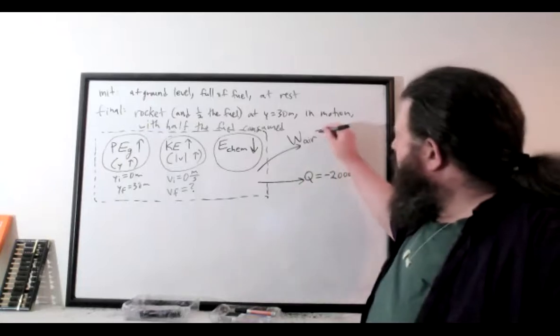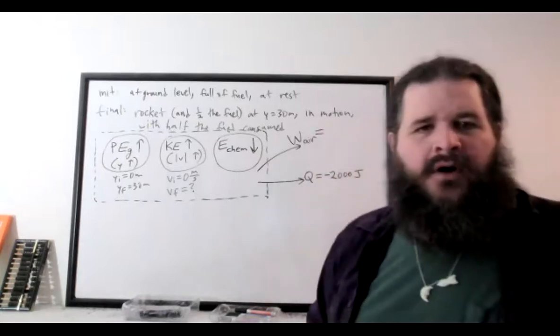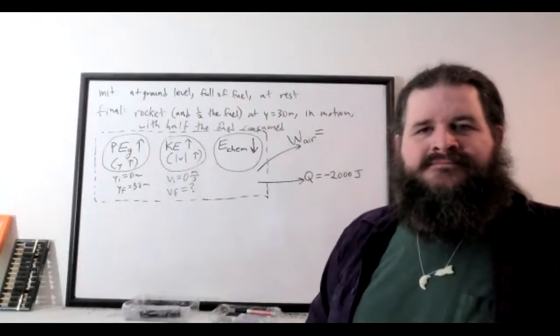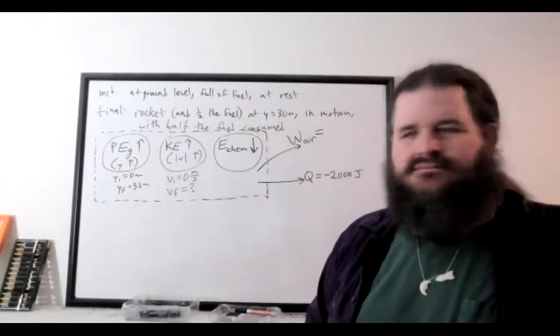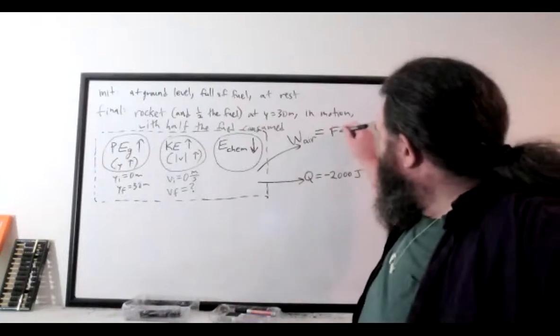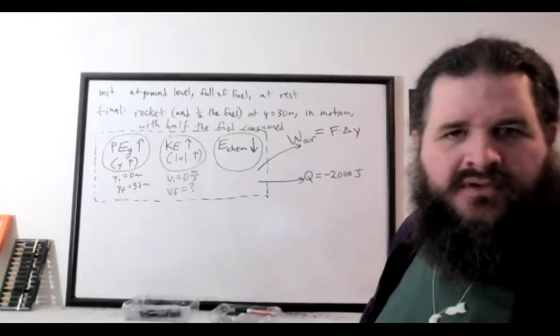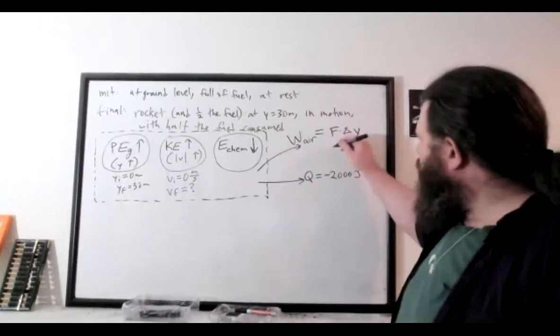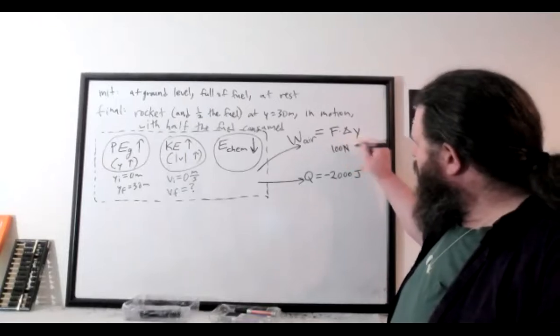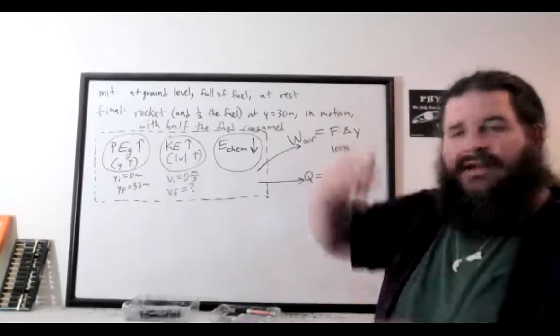Also for air resistance, how do you usually calculate work? Force times distance. So they gave you the force and the distance you travel, so you just multiply. Exactly. Yeah, 100 newtons force of air resistance, and it's traveling up 30 meters.